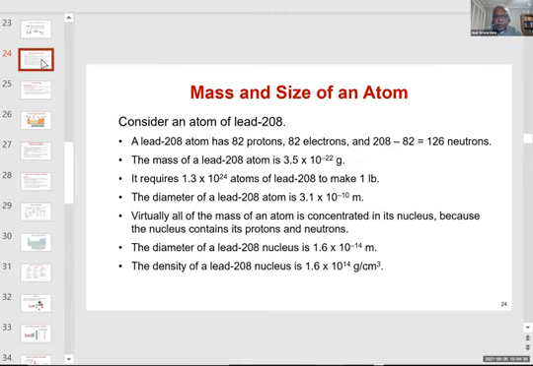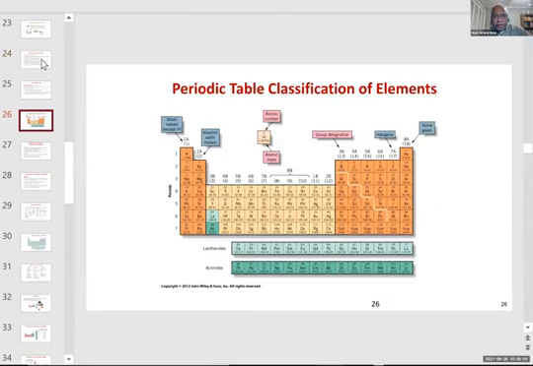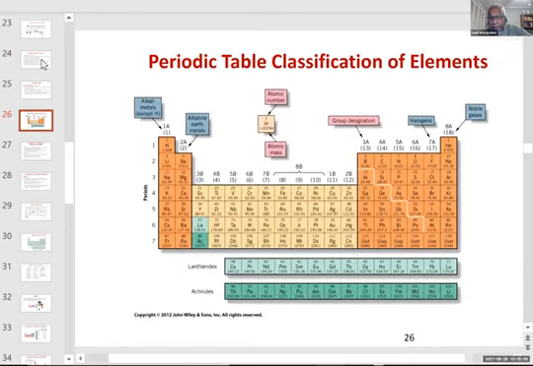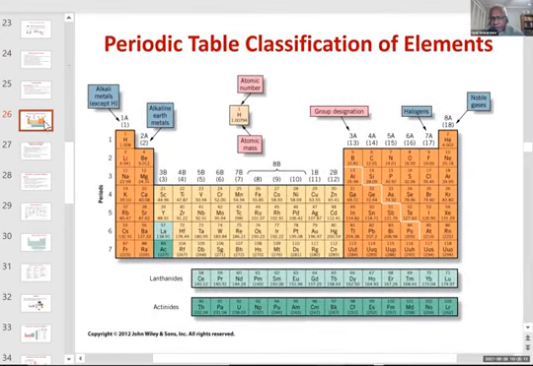Once you're given lead 208 or the isotopic symbol, superscript 208 lead, you can get the number of protons. Knowing the element is lead, you can go to the periodic table and look at the atomic number. For example, lead is 82 here.